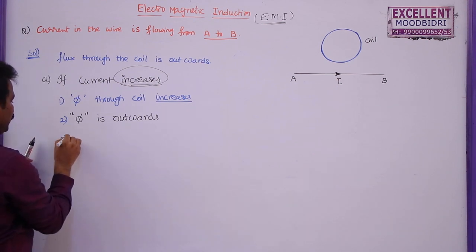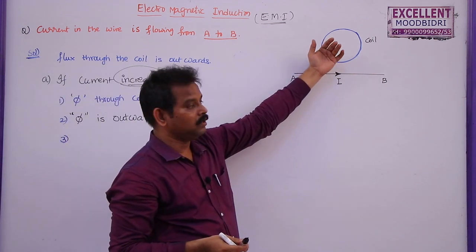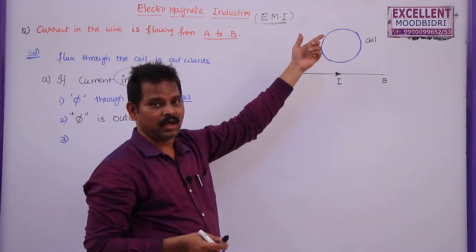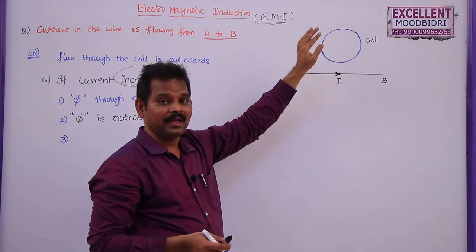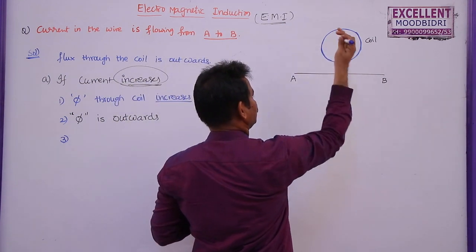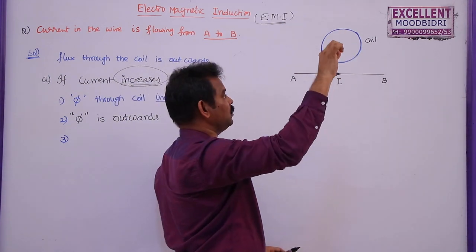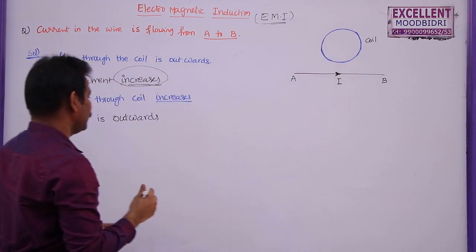And now the third point: when the flux through the coil increases, according to Lenz law, the induced current flows through this coil such that it will try to decrease the flux. So here the outward flux is increasing. To decrease this, an inward flux should be induced here due to the induced current.